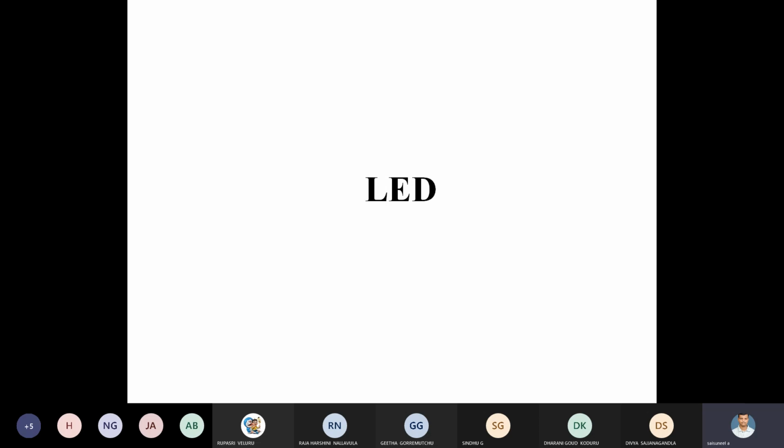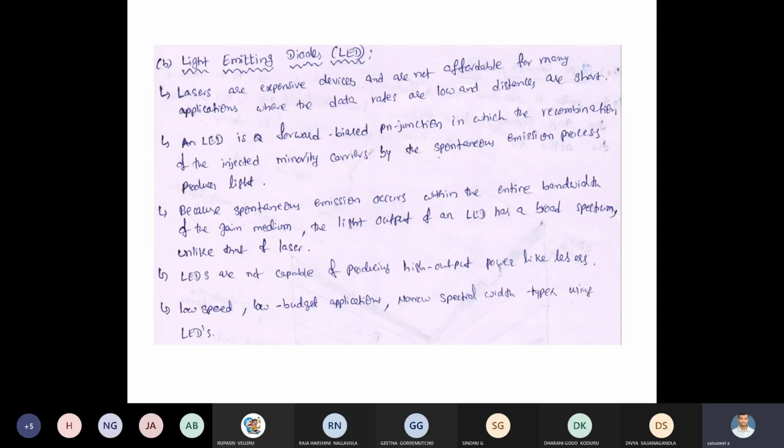Suppose you take a normal LED in your laboratory. We give some power to that LED, which glows and sends a light signal in different directions, not a particular direction. That's why LEDs are a non-coherent structure.